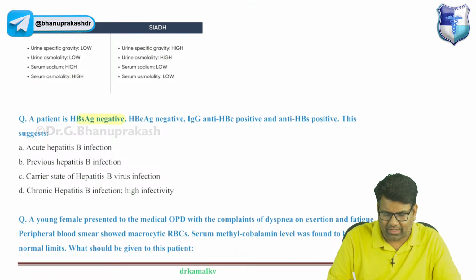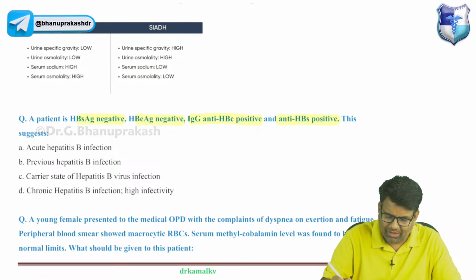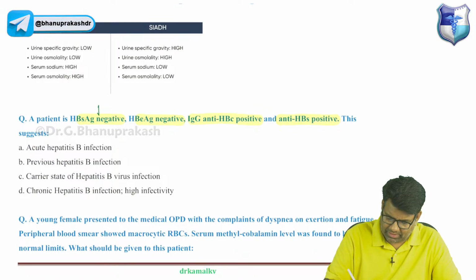Next question. HBsAg, surface antigen, is negative, envelope antigen is negative, IgG anti-core antibody is positive, and anti-HBs is positive. Now what is this? See, there is no surface antigen, right? It means there is no present HBV infection.